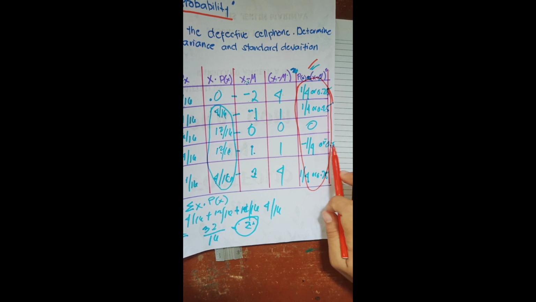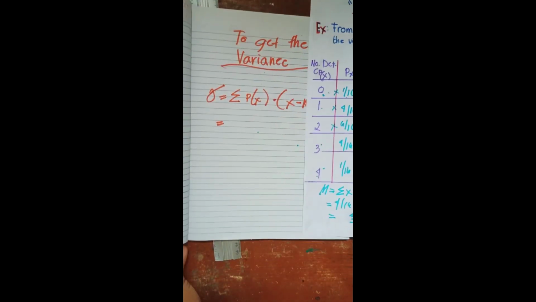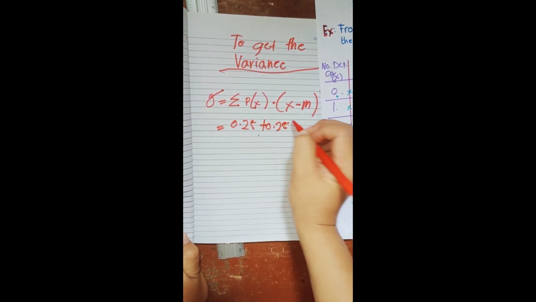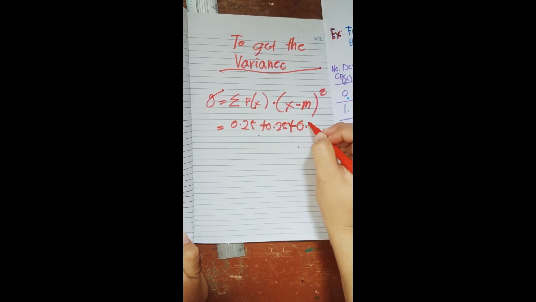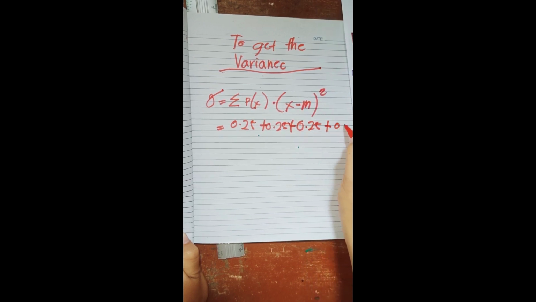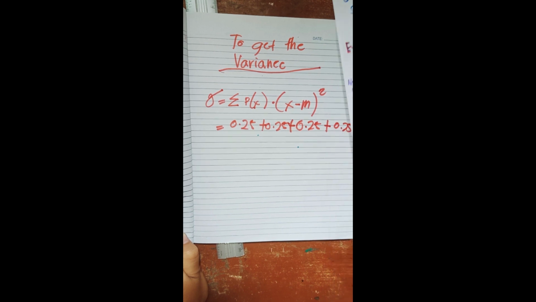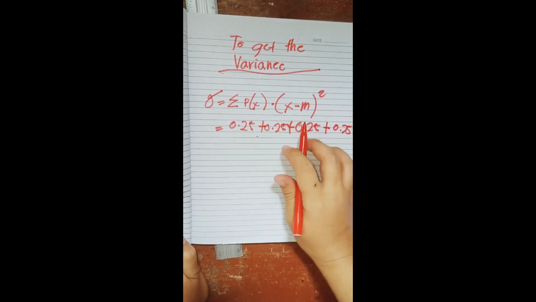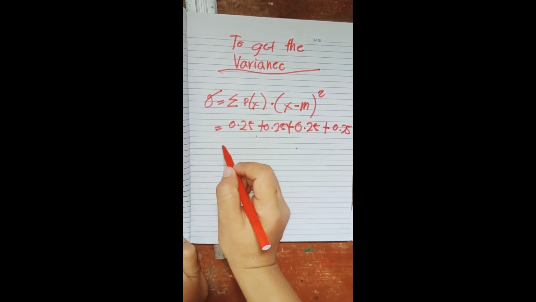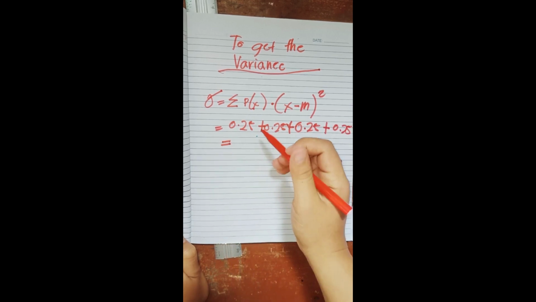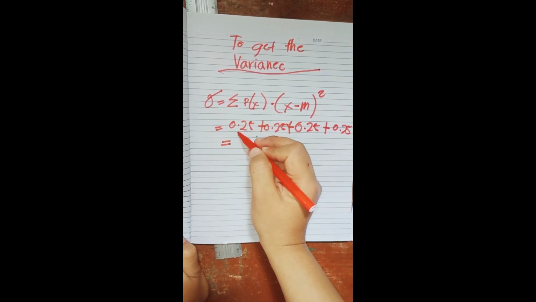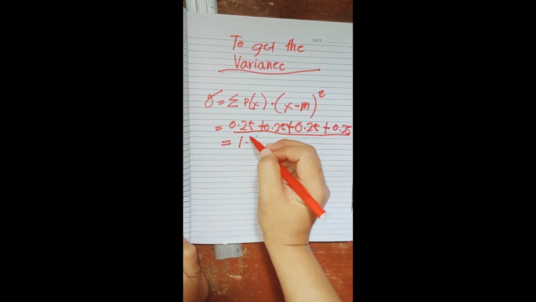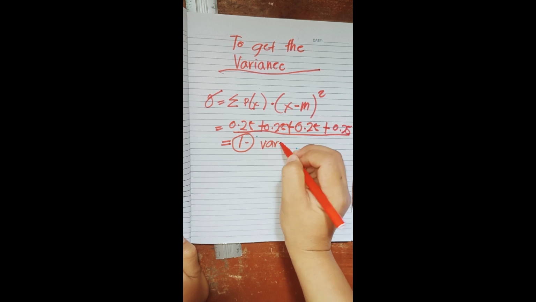We have to add it all, which is 0.25 plus 0.25 plus 0.25 plus 0.25, and the total is equal to 1. This is the variance.